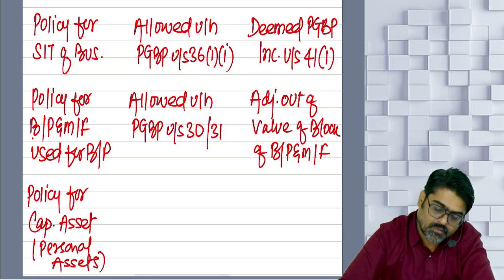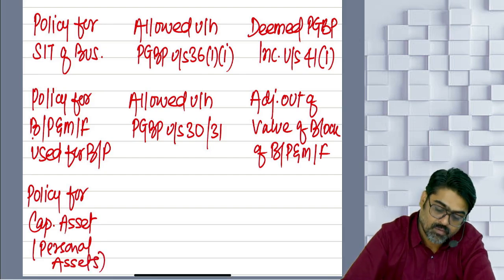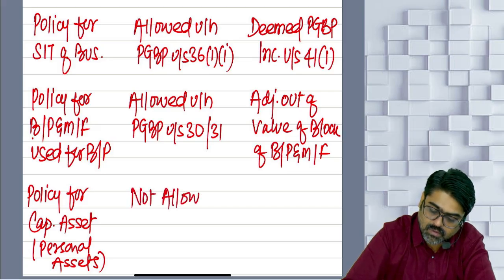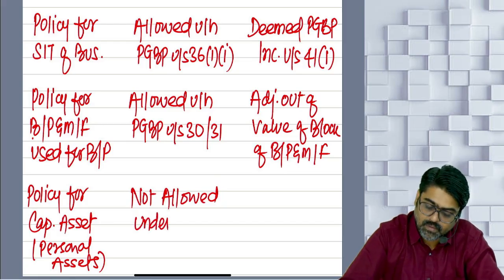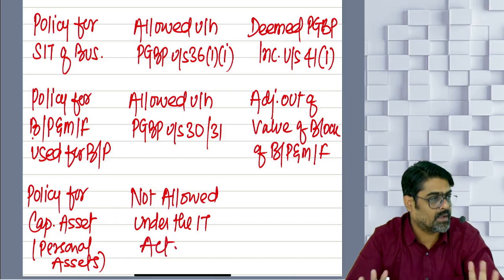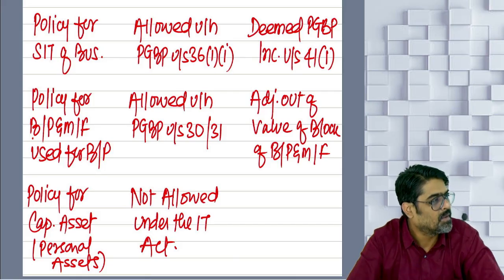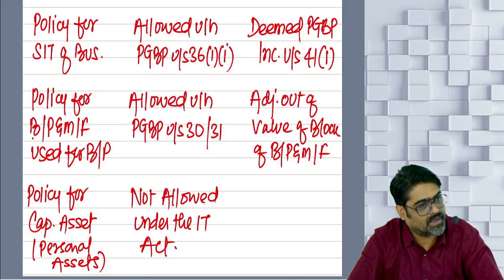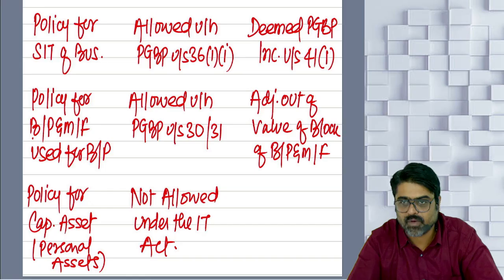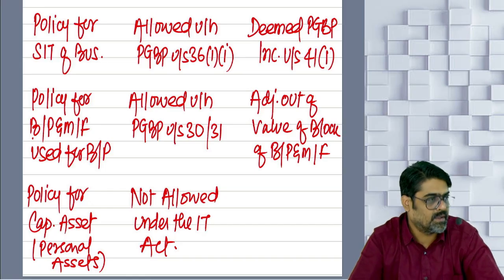Then, if you pay any premium for these assets, not allowed under the Income Tax Act. Nowhere under the entire Income Tax Act there is any deduction for this type of premium. So that premium you have paid, ignore that premium. For that premium you are not going to get any deduction.